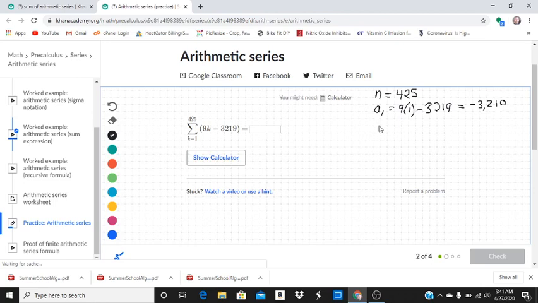And then we want to figure out the last term. It's going to be 9 times 425 minus 3,219.